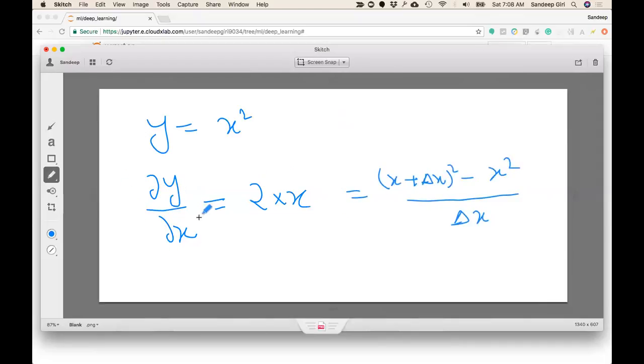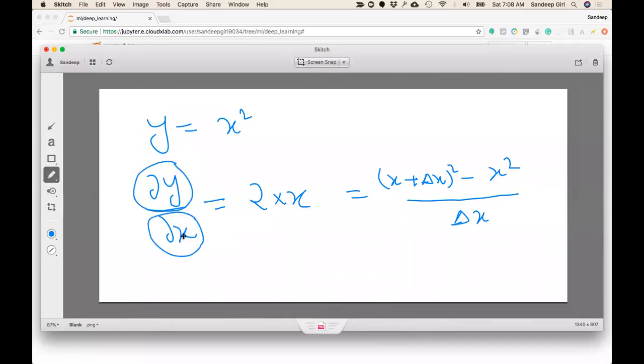Again, this is a very important point. dy by dx means the rate of change of y with respect to x, meaning how much is y changing when we change a little bit of x.